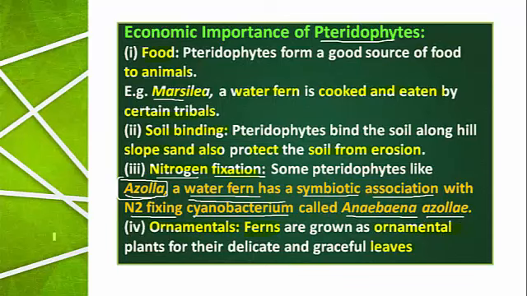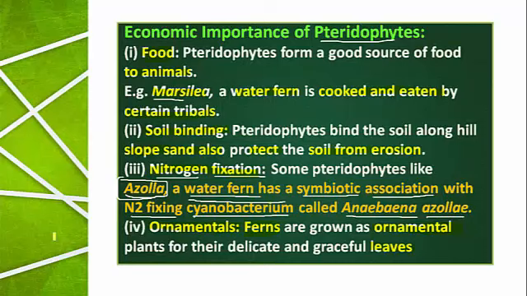The term ornamentation is used with reference to their beauty. They are very graceful plants, their leaves are very attractive, so for decoration purposes ferns are used, or they are considered ornamental plants. So these are the economic importances of pteridophytes.